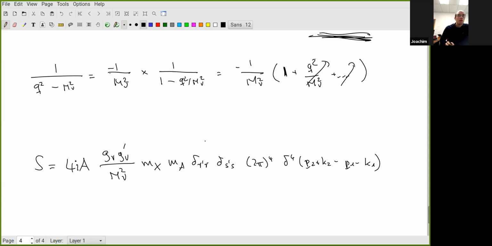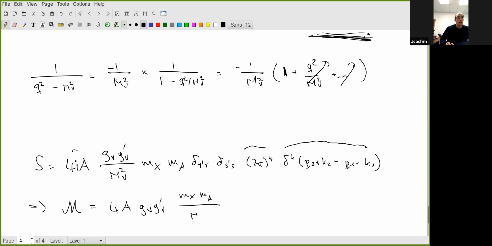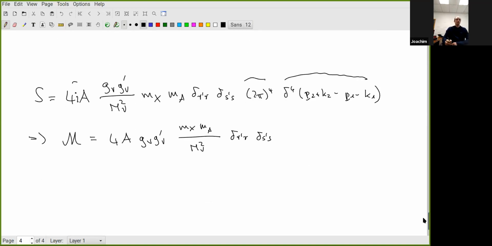And then by definition, remember we factored out this factor of 2 pi to the 4 and i and delta function. If we factor this out, this just gives us M. So M equals 4A g_V prime M chi M A, divided by m_V squared, delta S primed S. Okay, so that's the transition matrix element.